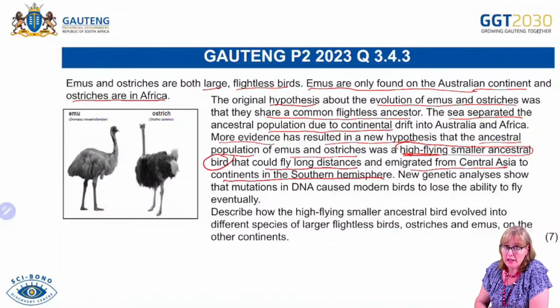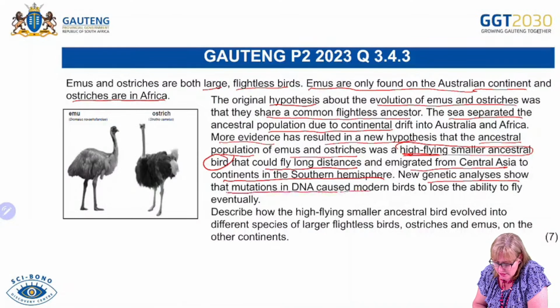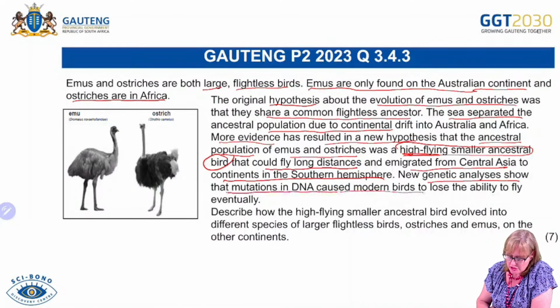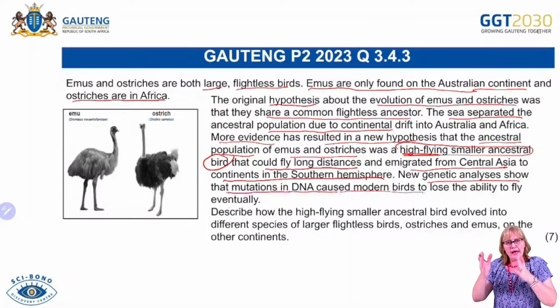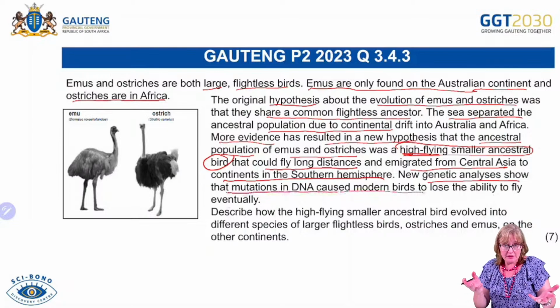So this was really a very good flyer. New genetic analysis shows that mutations in DNA caused modern birds to eventually lose their ability to fly. So they actually saw in DNA that the mutations they traced caused them not to be able to fly.